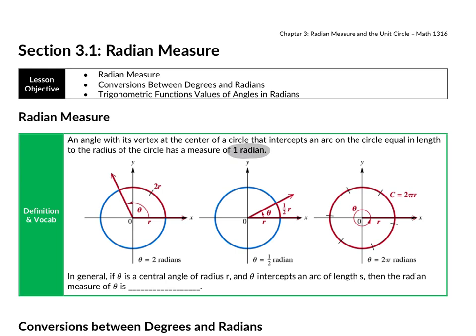Like the fact that a degree is 1/180th of a semicircle, a radian is a unit of measure that is equal to the same distance along the arc of a circle. So in this first circle, this is my radius r.